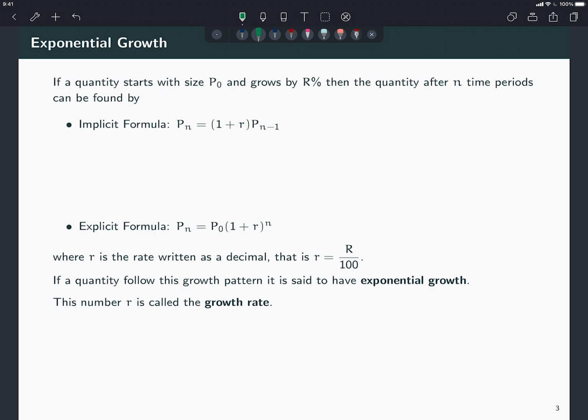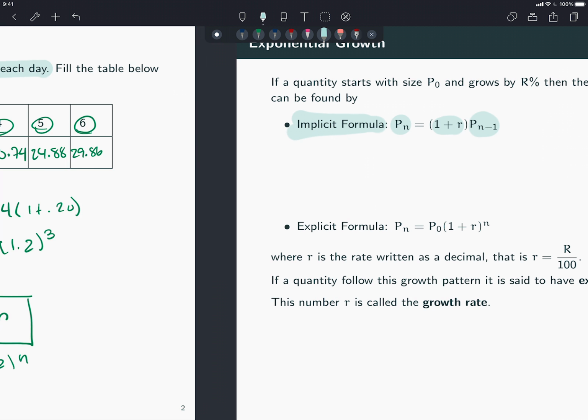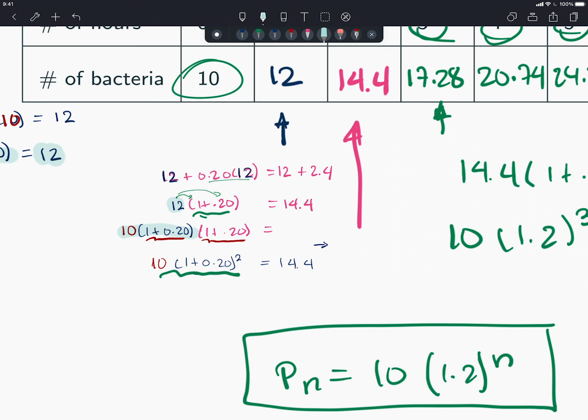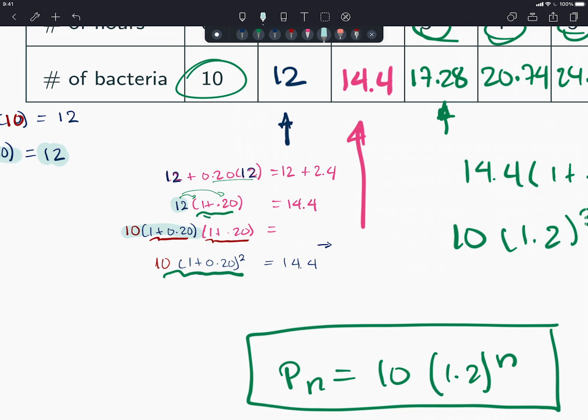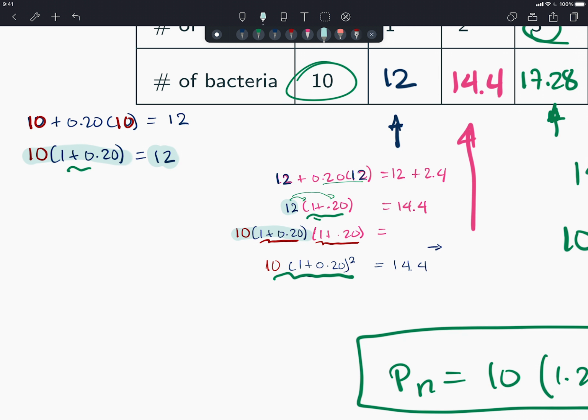This is called exponential growth. I have 2 ways of expressing it. As an implicit formula, this is saying the next step is 1 plus r times the previous population step. And that's what I was doing here when I said the next step. For example, in this one, this 14.4 is 1.2 times the last step, the 12.